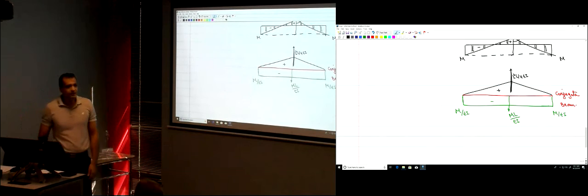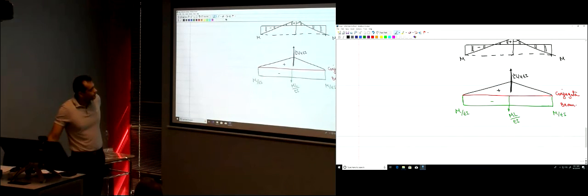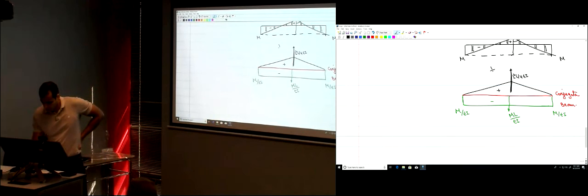How much is the magnitude of that force? 1/2 the base. How much is the base? L times the height. How much is the height? PL over 4 EI. So here we have P L squared divided by 8 EI.